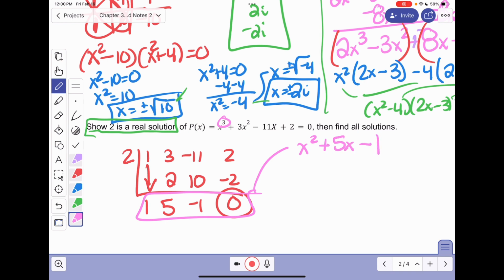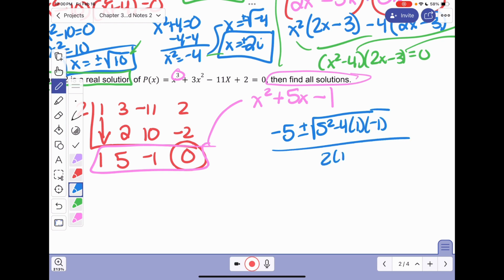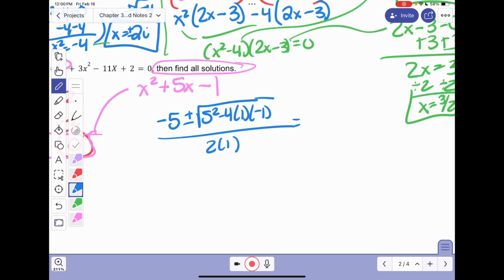And then it says find all solutions. So we solve for that. We could try factoring. We could do the quadratic formula. So just as a review, negative b plus or minus the square root of b squared minus 4ac all over 2a. If you type that in the calculator, I would get, let's see, 5 squared is 25 minus 4, negative 5 plus or minus root 29 over 2.